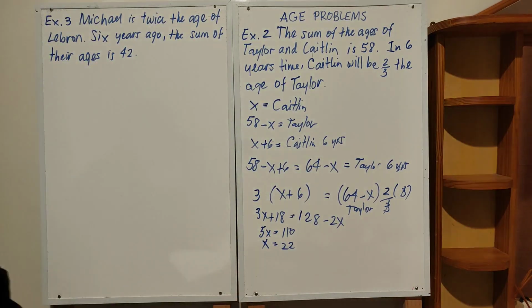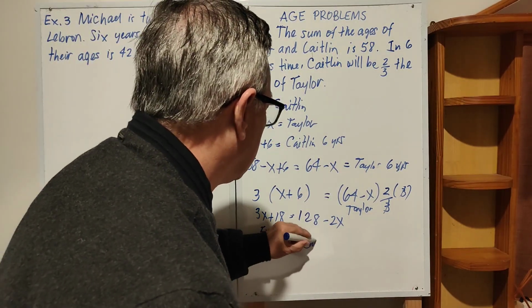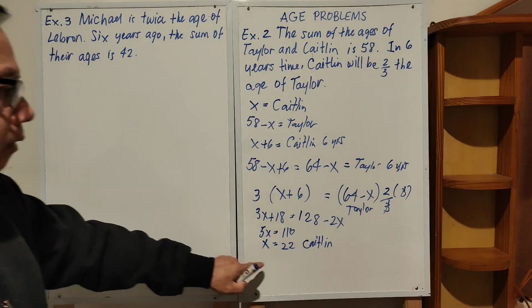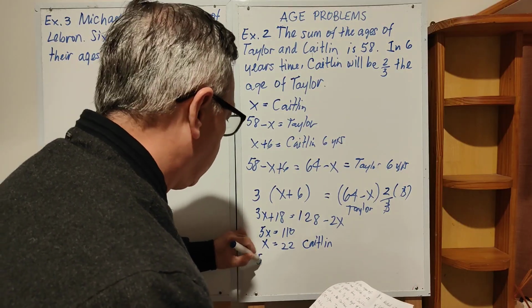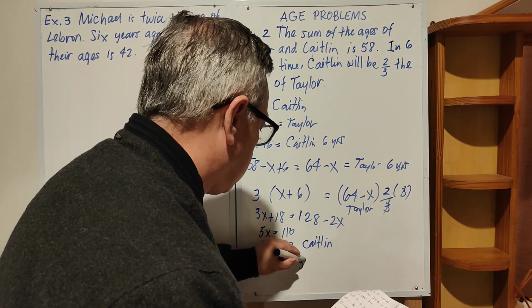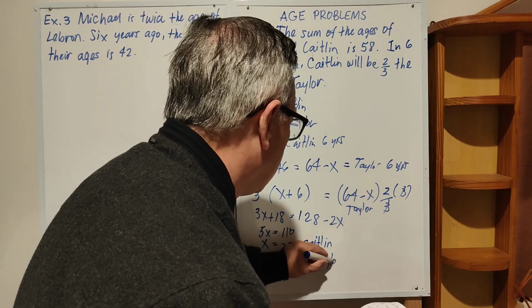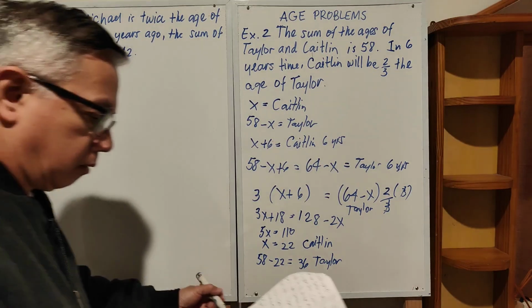So 22 is Caitlin's age. Caitlin is 22. If Caitlin is 22, Taylor would be 58 minus 22, which is 36. We can check.